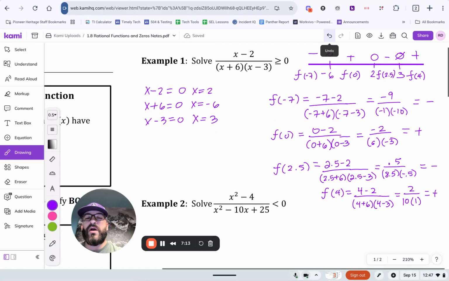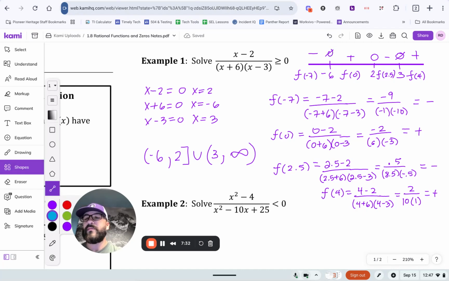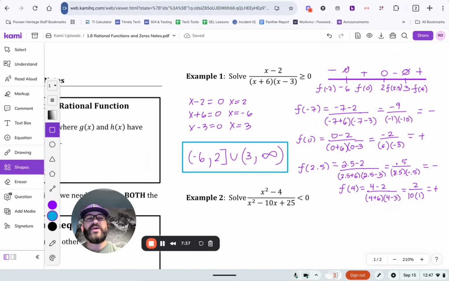So for our solution, it would be negative 6 not included to 2 included, in union with 3 not included to infinity not included, because we never include infinity. And that's really all there is to it, y'all.